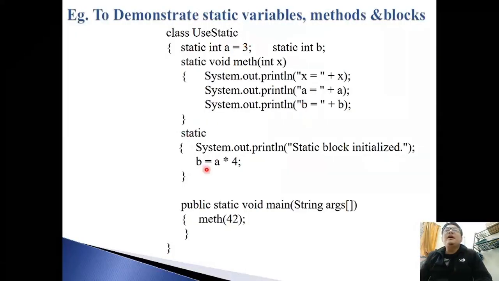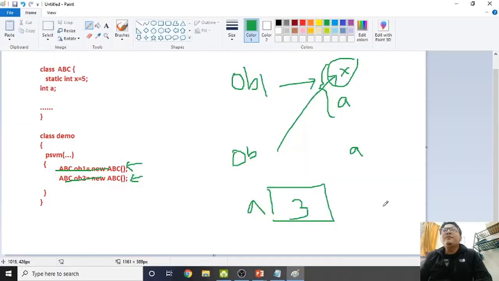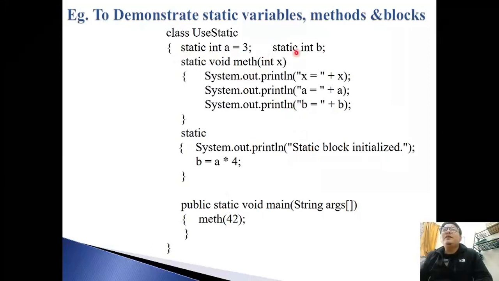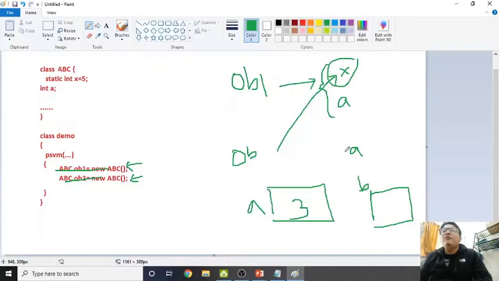Memory will also be reserved for b, I don't know what the value will be, maybe null or 0, whatever it is, with the help of this statement. Both of them are static. Then after that, the static block executes, so b will be initialized with whatever the value of a is, times 4. So 3 into 4 is 12.